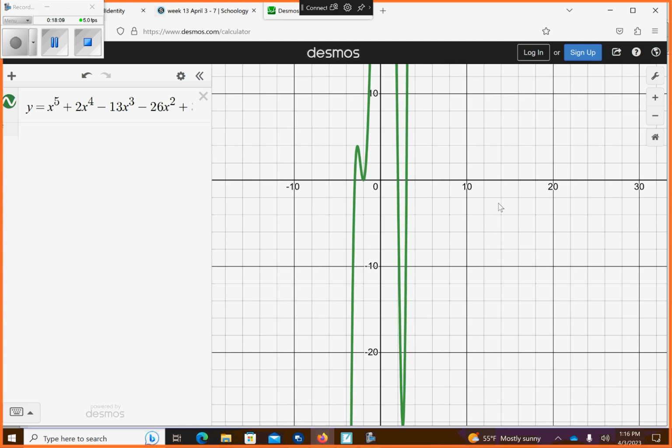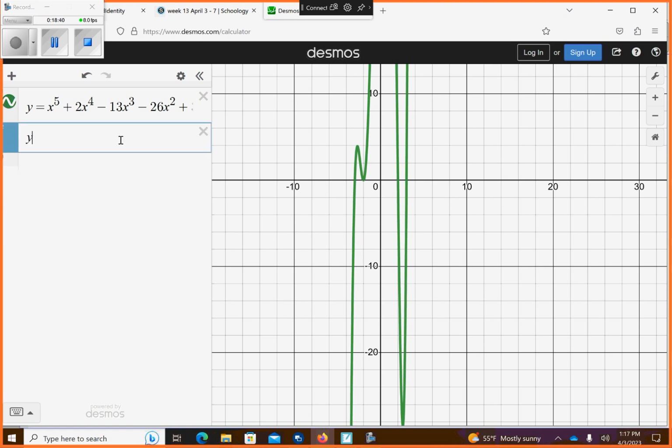Okay, so what we're trying to decipher is once we get to this point, can we just by looking at it tell anything different? Now, if I take 5x to the fourth plus 8x to the third minus 52x plus 36, that's the derivative.